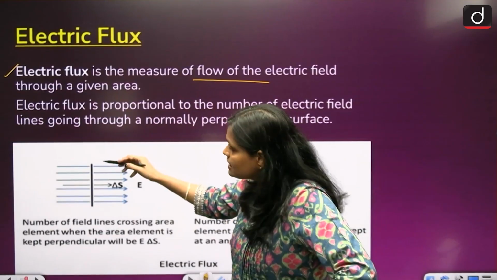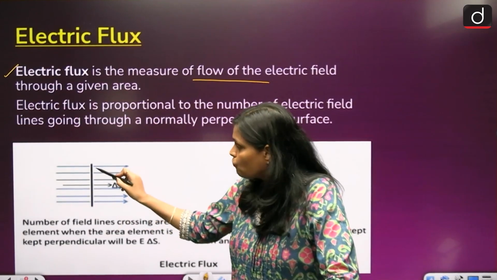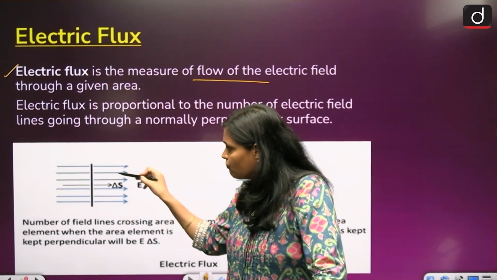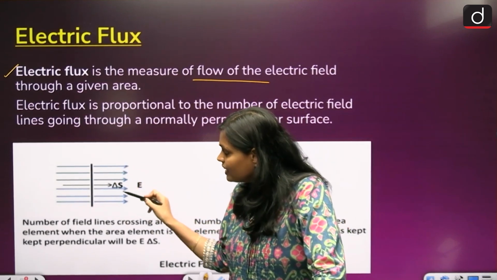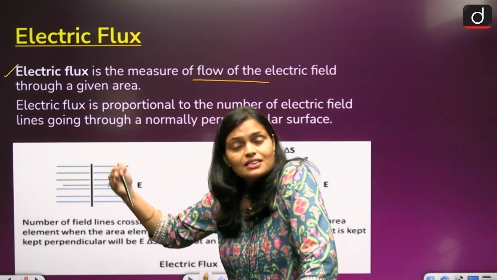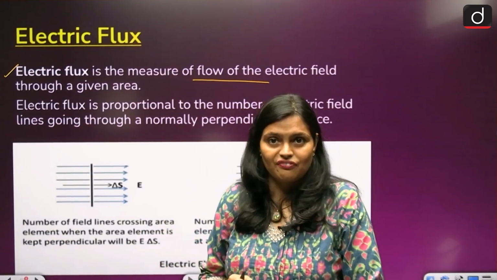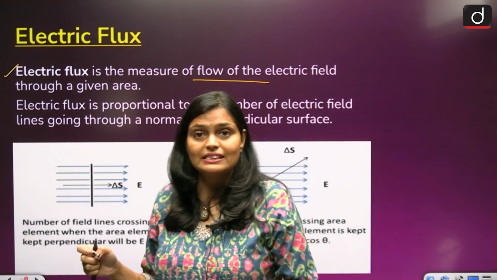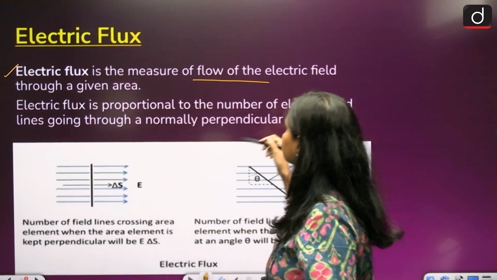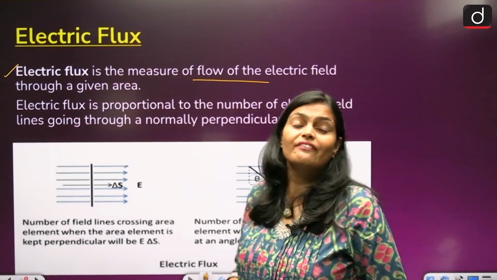Like suppose this bold line is a surface. Whatever will be the number of field lines coming out, that is the electric flux. कितनी electric field lines निकल रही हैं, that will tell you about electric flux. So electric flux basically measures the flow of electric field through a given area.